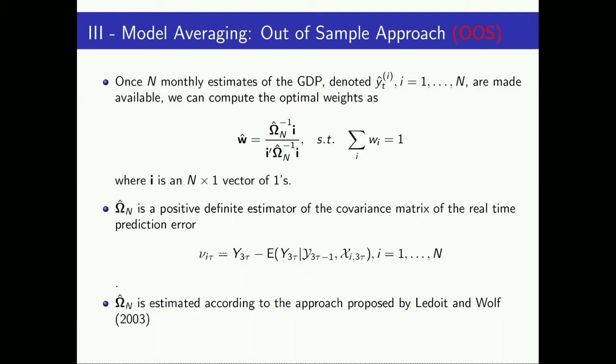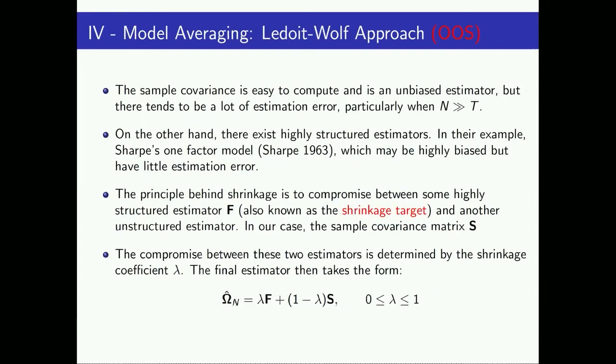And we need a solution for that in order to invert this matrix. And we propose the solution that was previously investigated for other problems, for Markowitz portfolio optimization, proposed by Ledoit and Wolf.